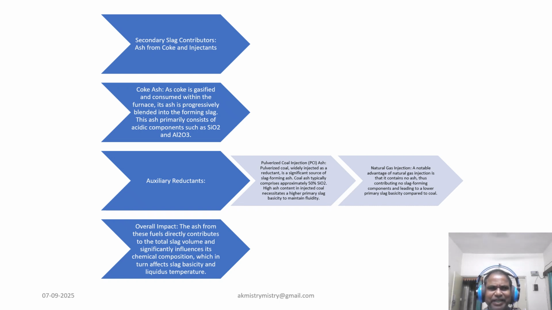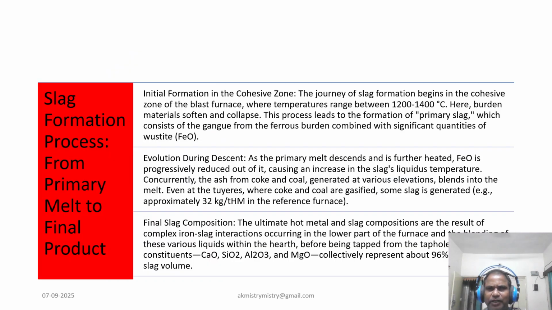The four main constituents that we need to keep in memory, CaO, SiO2, Al2O3 and MgO, collectively make up about 96% of total slag volume. The chemical composition and the control of slag volume, let's discuss these.